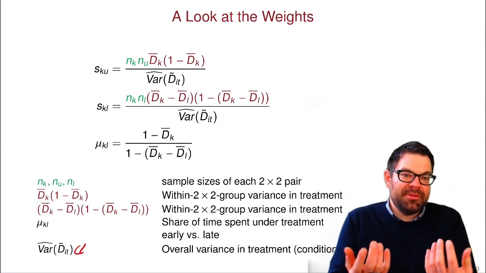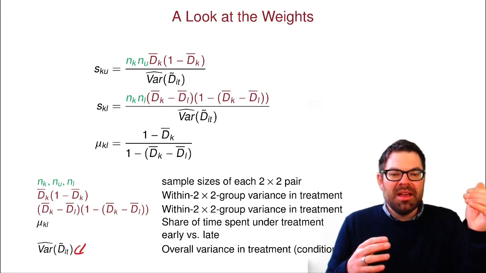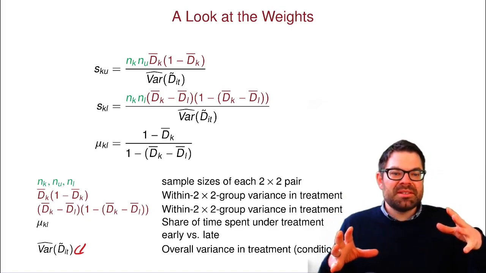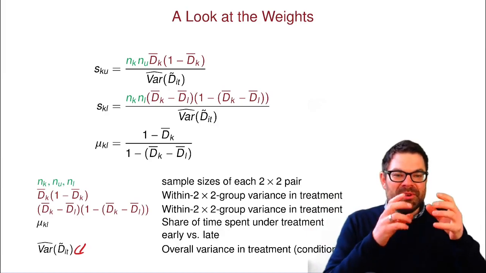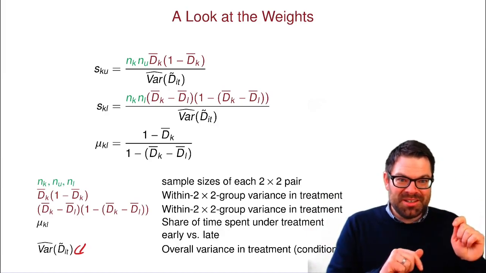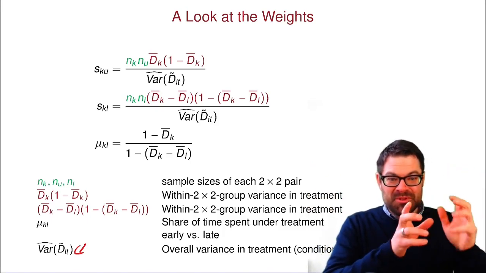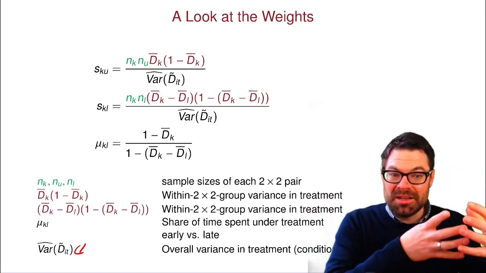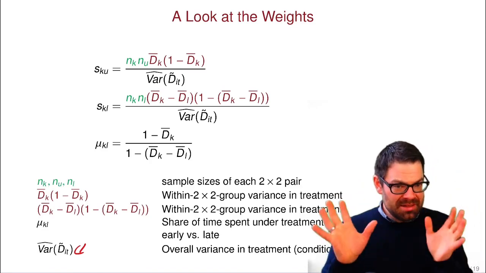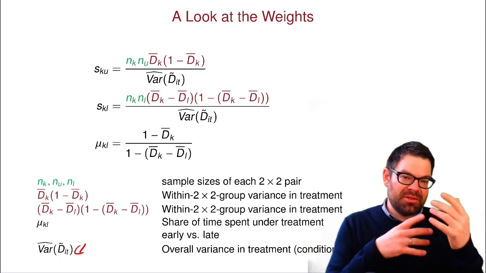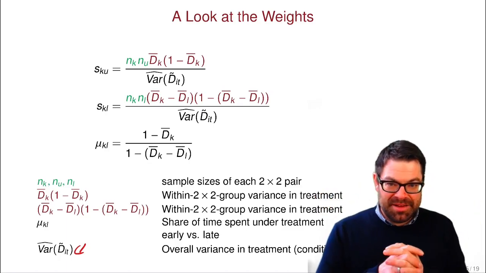Obviously, if in that 2 by 2 pair there are very few untreated units and very few late treated units, but many early treated units, then the late versus untreated comparison would have a very small relative size within the overall sample. Okay? So that's sort of intuitive. If that 2 by 2 group is big, it gets a bigger weight in the estimator.